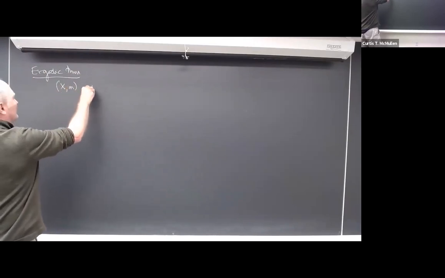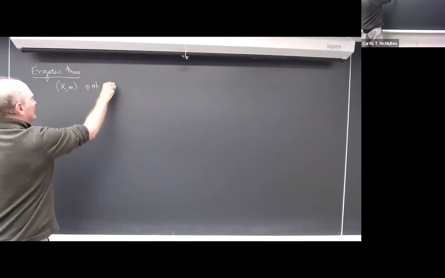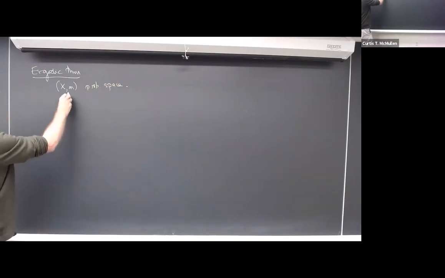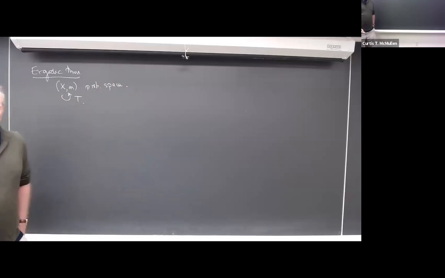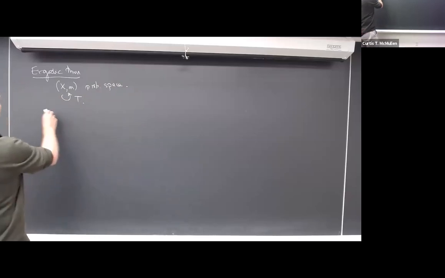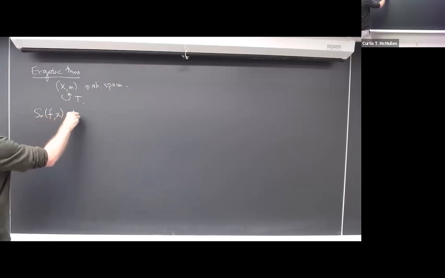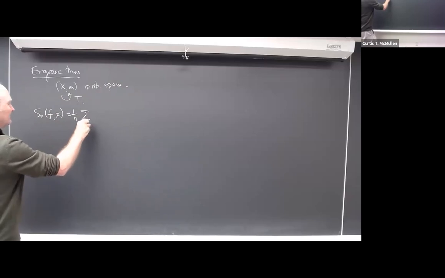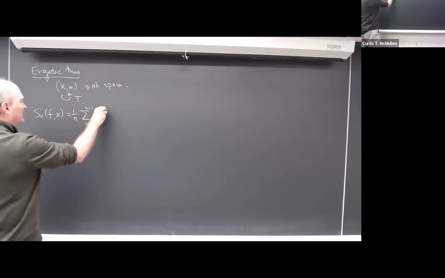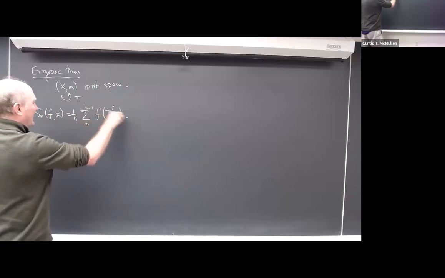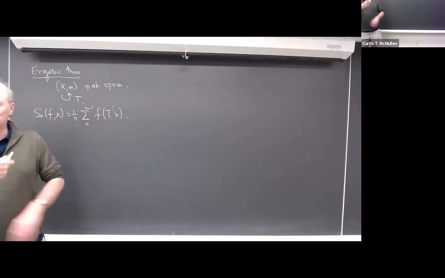So we have (X, m) as our probability space, and we have an automorphism T, and then the quantity we're interested in examining for some function f is the average of its values, S_n f(x) equals 1/n times the sum from i = 0 to n minus 1 of f(T^i x). So the average of its values along an orbit.